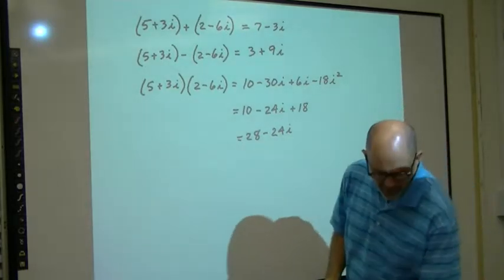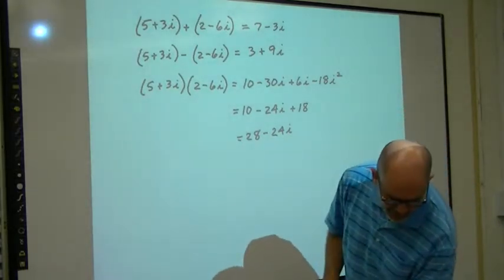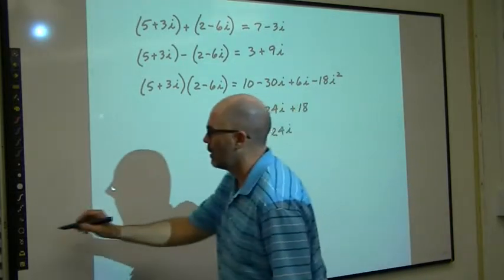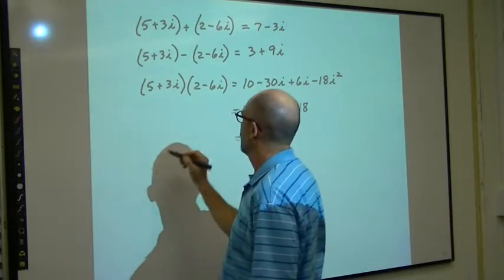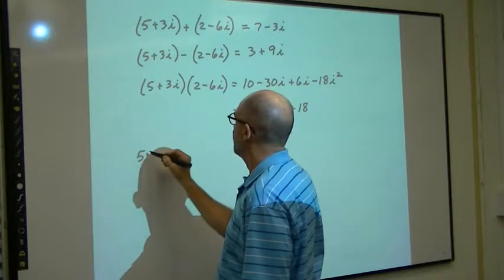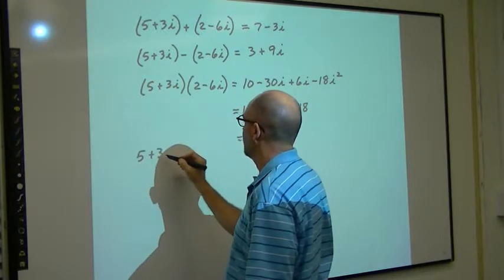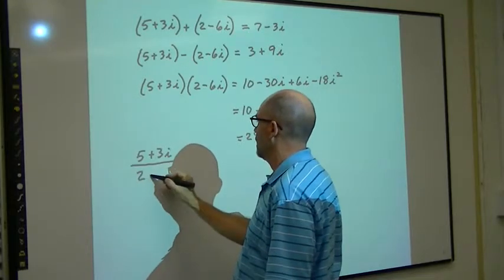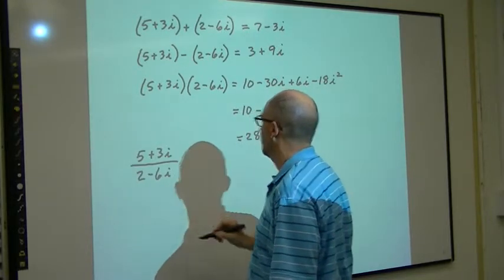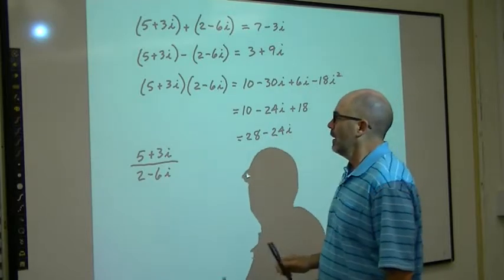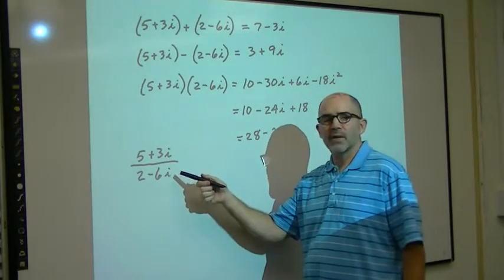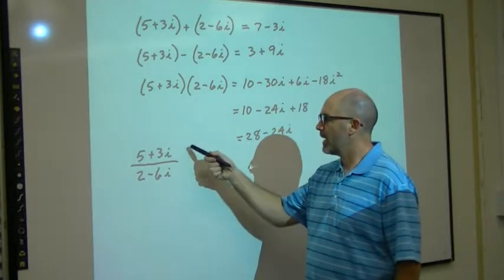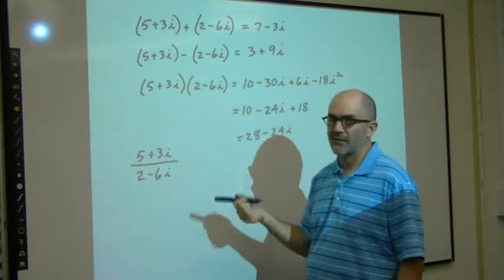Okay, and now it's time for division. So if we go 5 plus 3i divided by 2 minus 6i. Now, the point here is we can't have i in the denominator. Now, if we just multiply by i over i, we're still going to have i in the denominator.